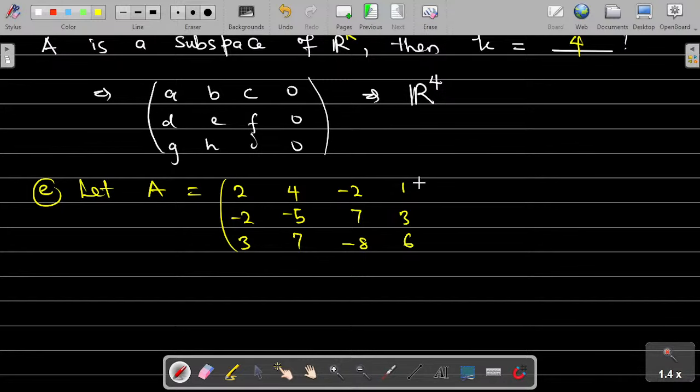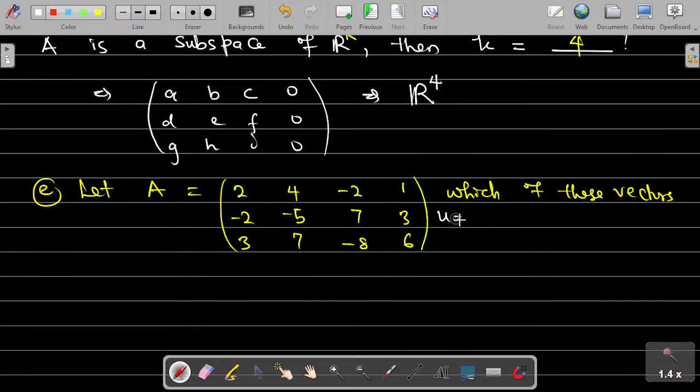Okay, so it says which of these vectors, and then they gave us 2 vectors. Let me try to write them here.